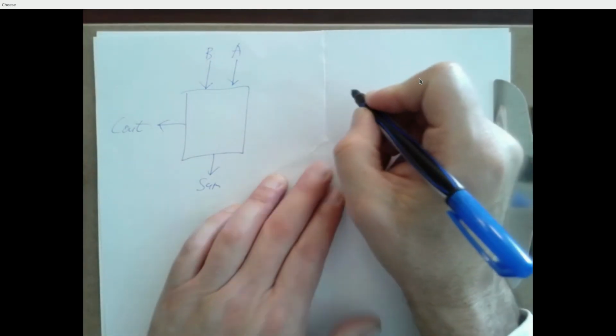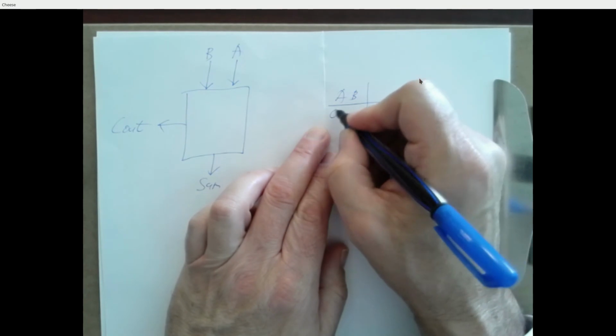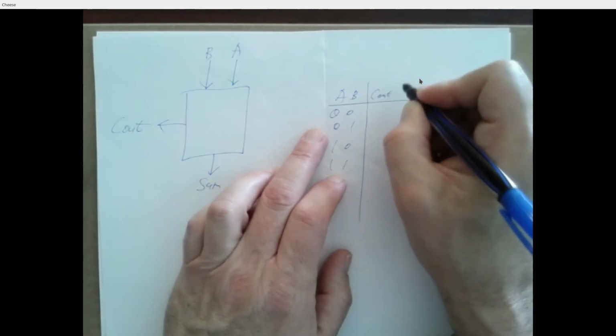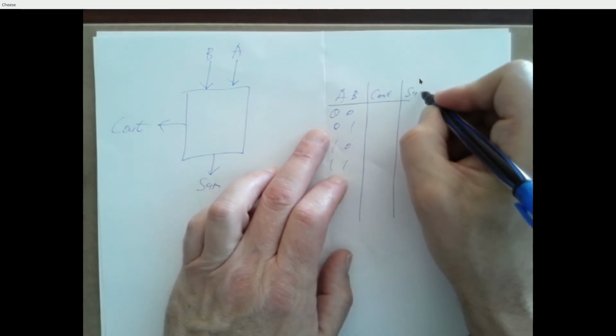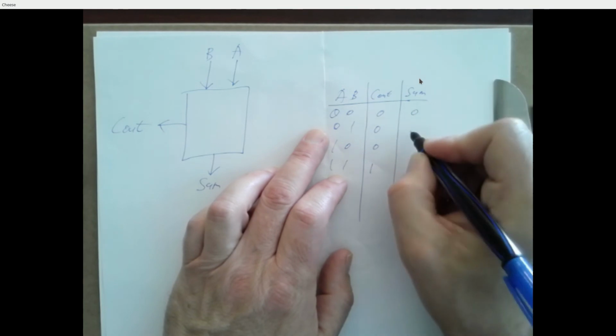And our truth table is going to be the following. Right, and that's just the top half of our original truth table.